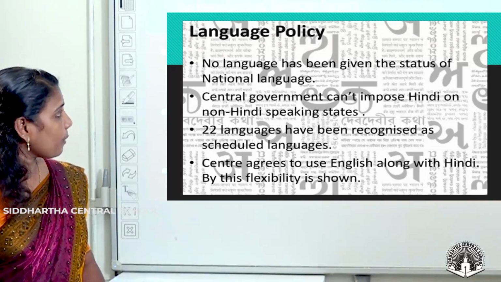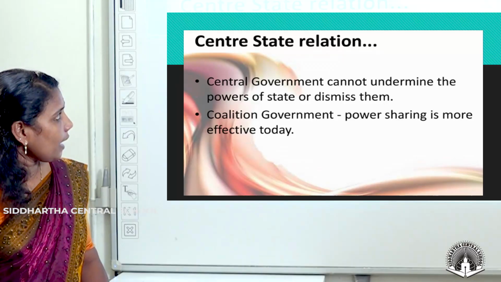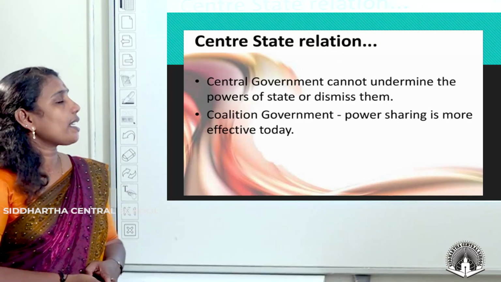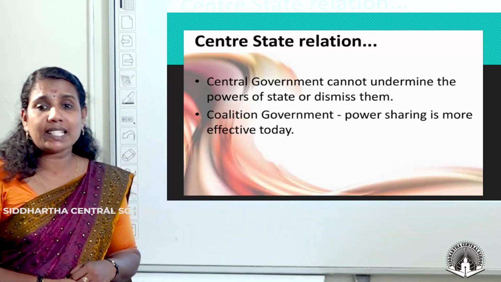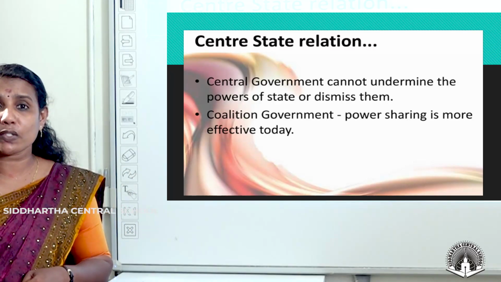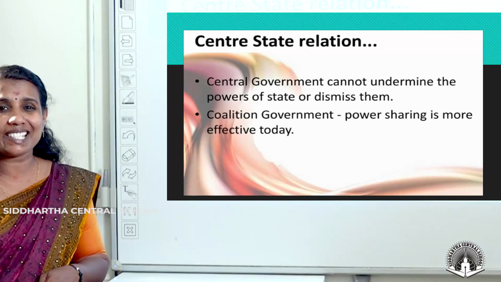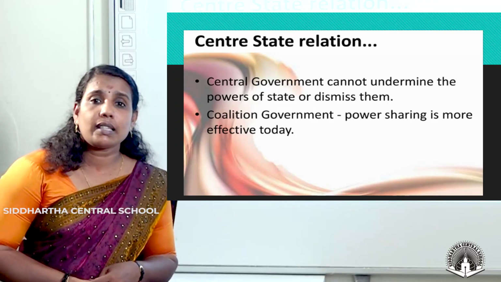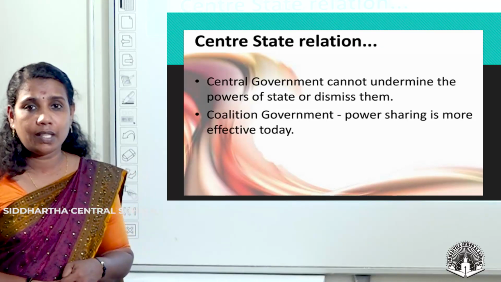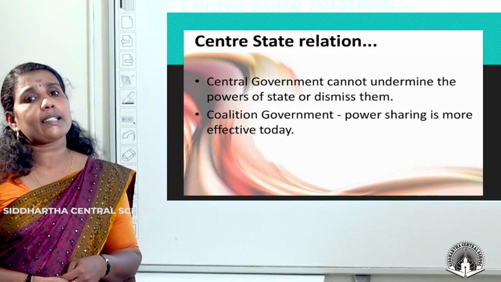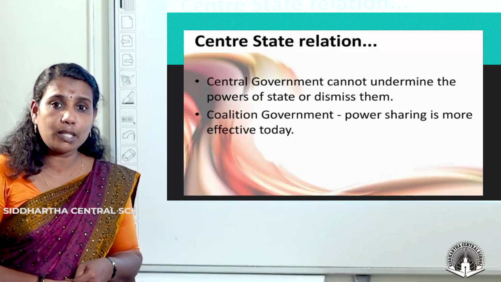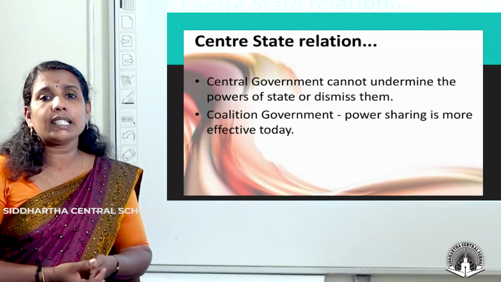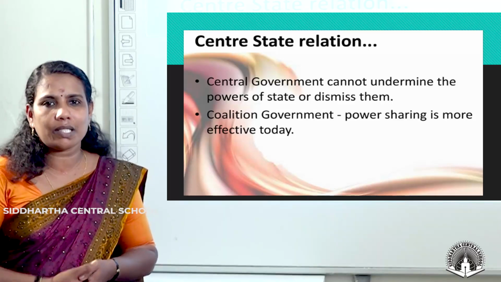And the next one is about the center-state relationship. Actually, restructuring center-state relationship was one of the most important steps taken towards the success of federalism. The success of federalism lies not only in the constitutional arrangement, but also in how the political leaders follow these arrangements.